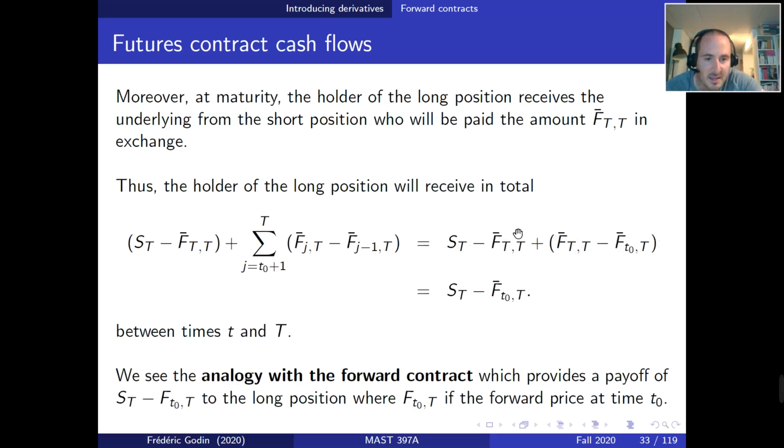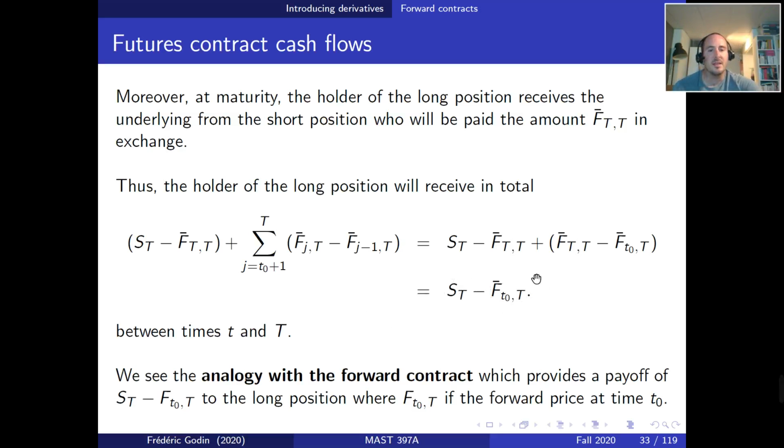Here you can cancel out this F bar capital T and this F bar capital T. So it means that in total, you have received between times small t0 and capital T, sorry about that, this should be a T0 and this should be a capital T, you have received in total S capital T minus F bar T0.